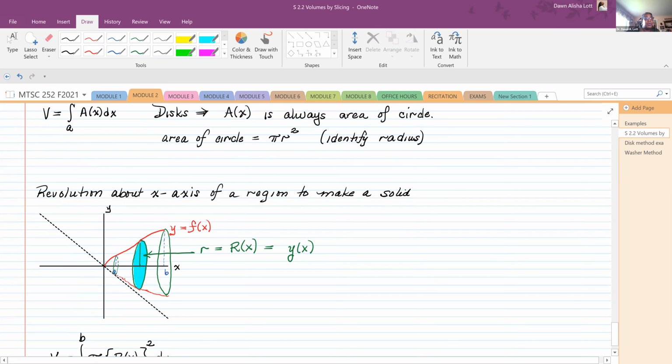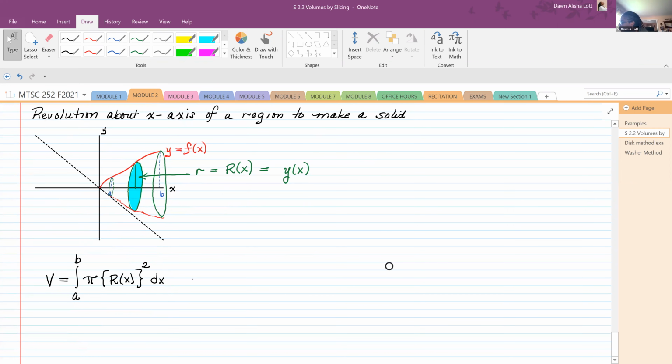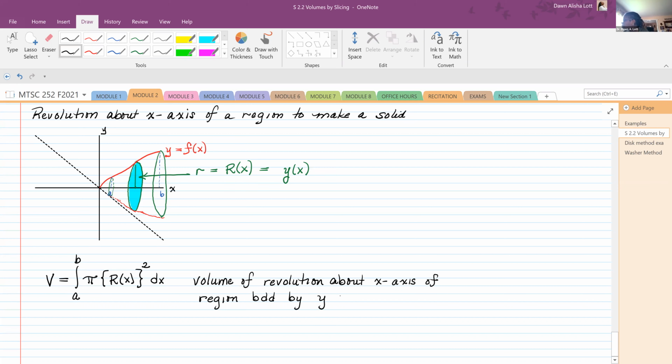So this is the volume of revolution about the x-axis of a region bounded by y is equal to f of x, which is our radius.